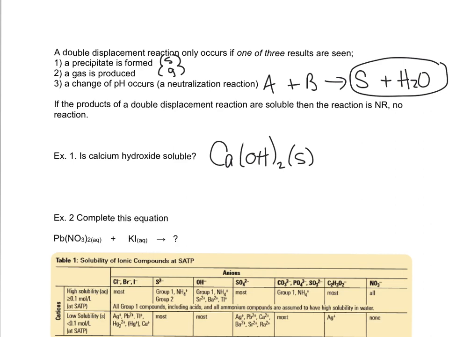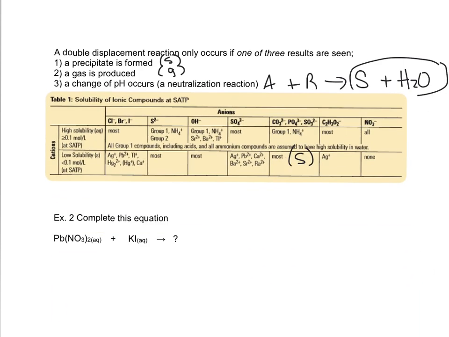Now, complete this equation. Lead 2 nitrate plus potassium iodide makes what? So first thing you have to do is write out the chemical formulas for your actual products. So lead has a charge of 2 plus, iodine has a charge of 1 minus, so we need 2 of them.